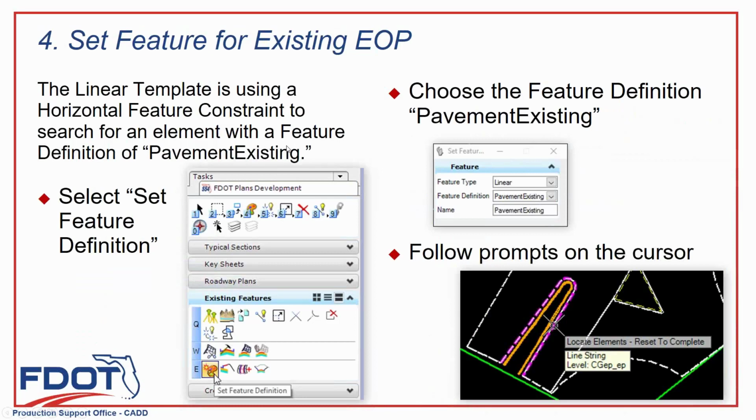Okay, so next you need to set features for the linear template. This one is, say, your existing edge of pavement.